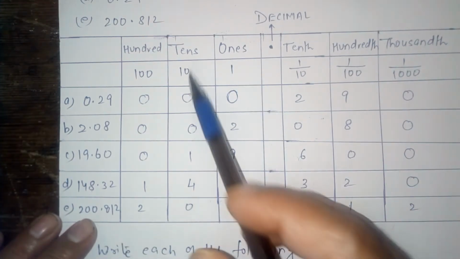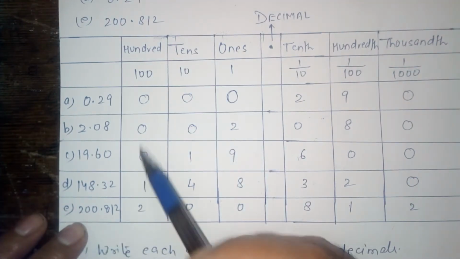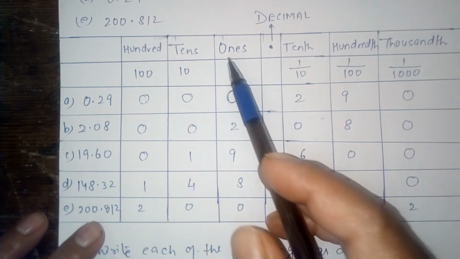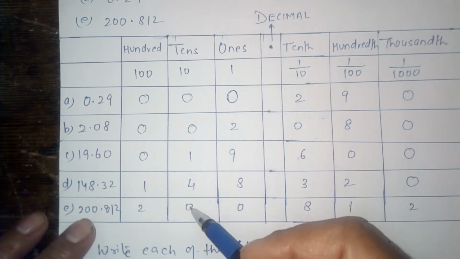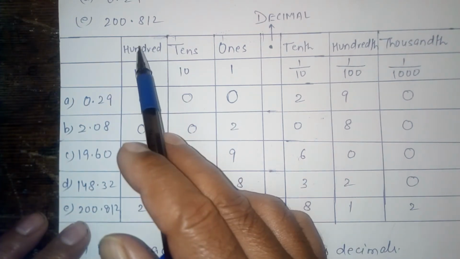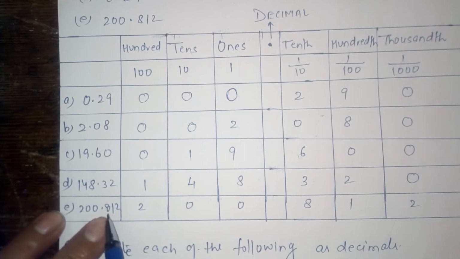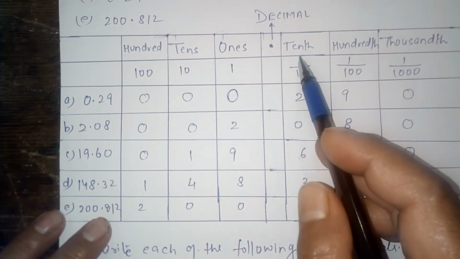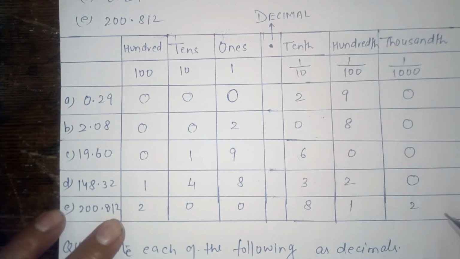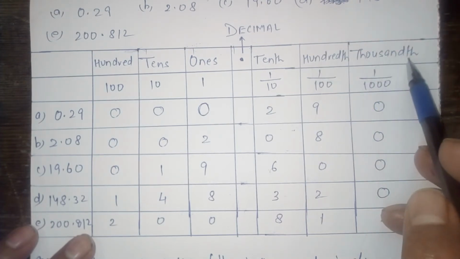Again 0 will be in the tens place, and 2 will be in the hundreds place. Then after the decimal point, 8 will be in the tenths place, 1 will be in the hundredths place, and 2 will be in the thousandths place.